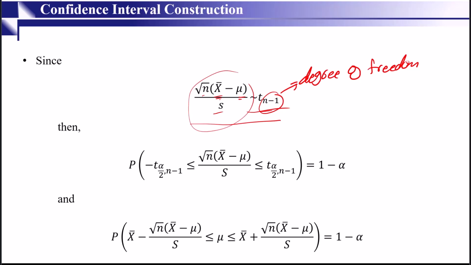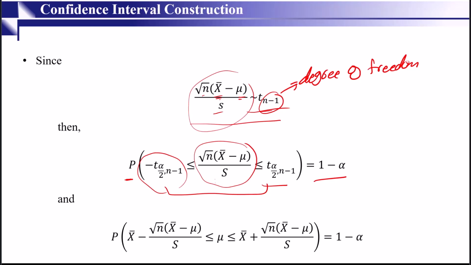And so the definition of the critical point of the distribution ensures that the probability of root n times x bar minus mu over s being between minus the critical point and plus the critical point is equal to 1 minus alpha. This equation indicates that the probability that the standardized statistic lies between the critical values is 1 minus alpha. This defines the confidence interval.